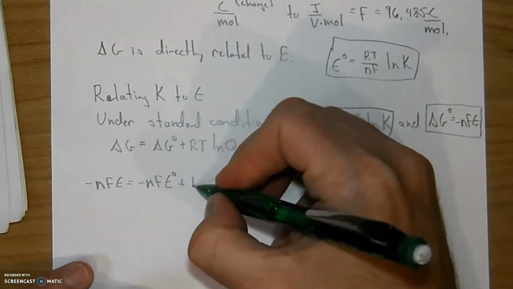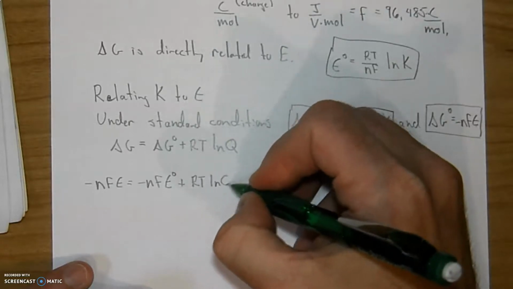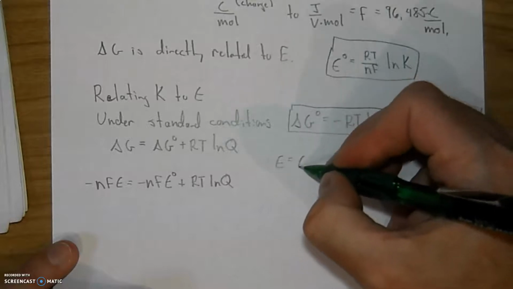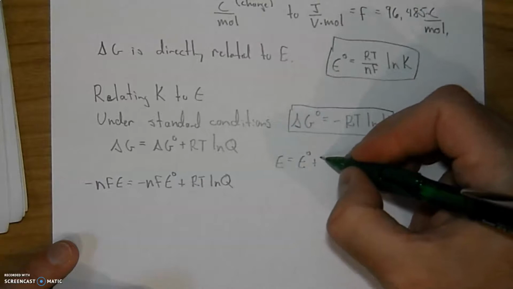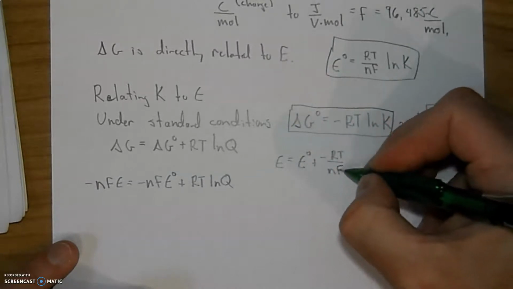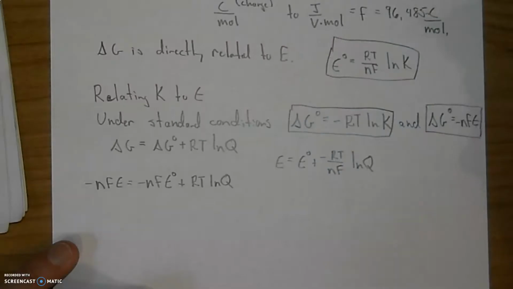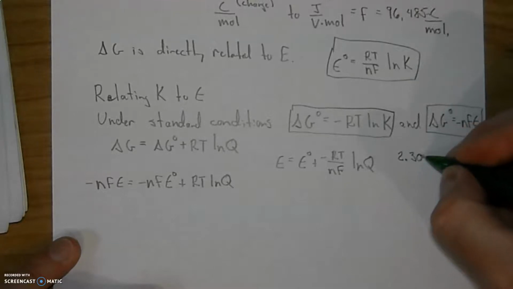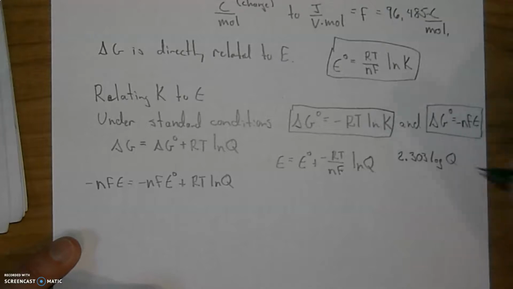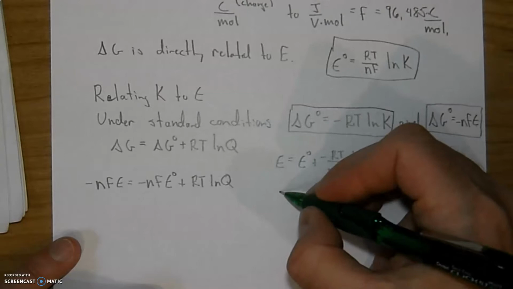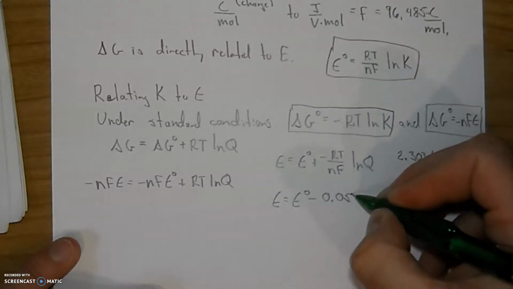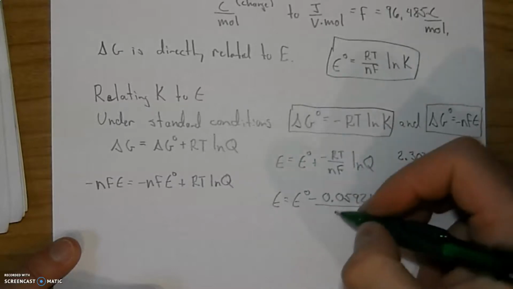Delta G is delta G standard plus RT natural log Q, and then given this as far as common values in comparison, we would have E under non-standard conditions compared to standard conditions plus negative RT over nF natural log Q. And then if we roll some numbers around as far as values that are constants within here, and change it over from natural log to log, which is this whole 2.303 log value, of Q, which we're doing the comparison of, we can rearrange this and give us a new equation, 0.592. This grabs a hold of the R value as well.